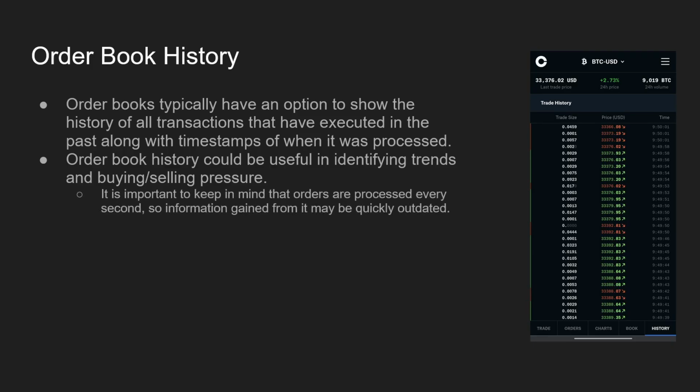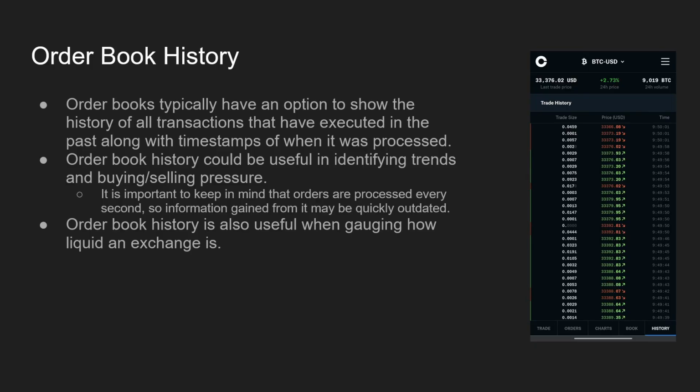It's important to keep in mind, though, that orders are processed every second, so the information gained from it may be quickly outdated, and especially in a trending market, if prices are continuously going up quickly or going down quickly, it can be more difficult to keep track of where price is going if you're just staring at the order book history. But it's just another tool, another thing to keep in mind.